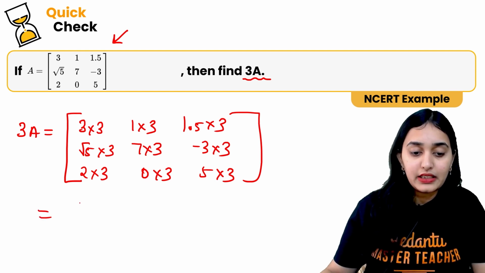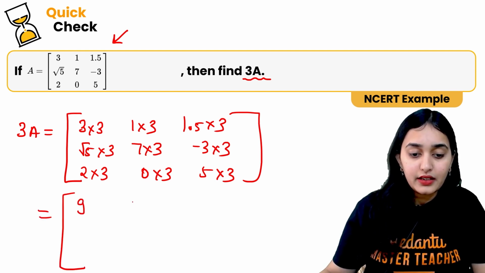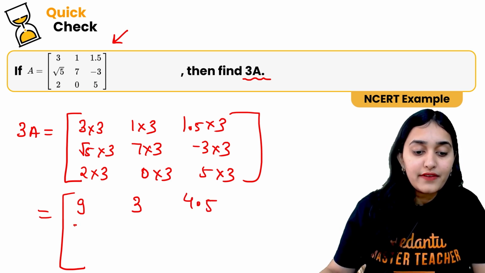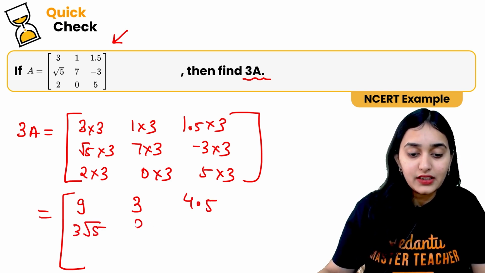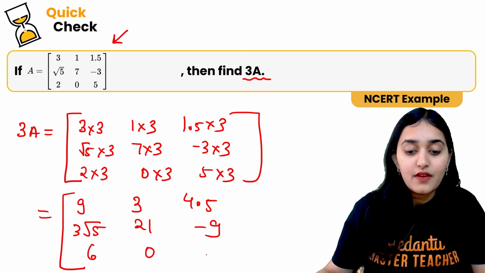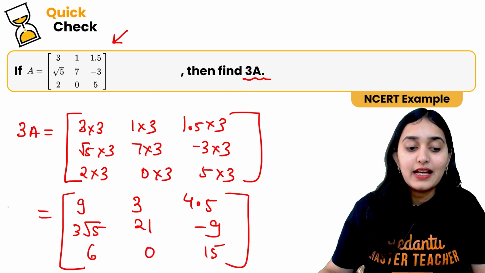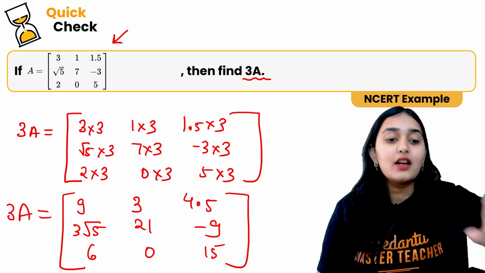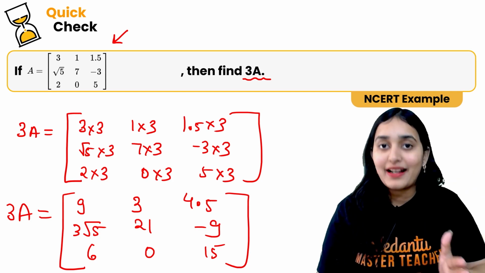So, it will be 3 3s are 9, 3 1s are 3, 1.5 into 3, 4.5, root 5 into 3, 3 root 5, 7 3s are 21, 3 3s are 9, 2 3s are 6, 0 3s are 0, 5 3s are 15. So, this is 3 times of A. So, this is how you multiply a number or a function with a matrix.